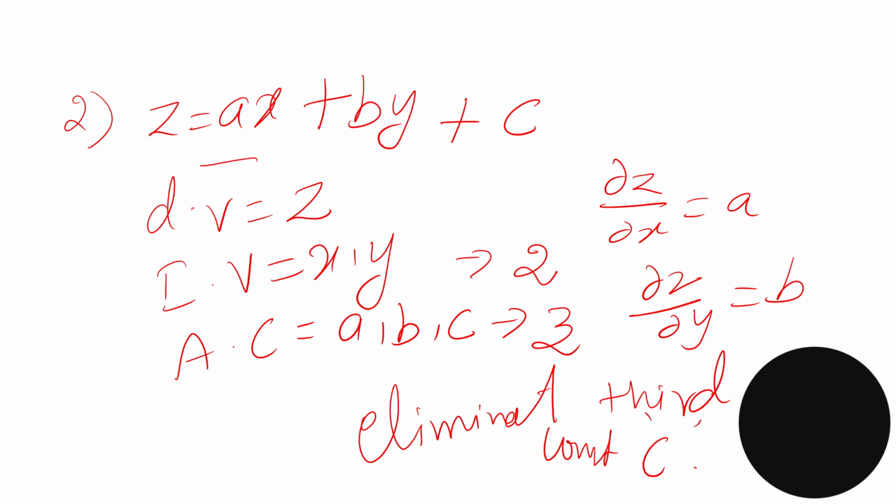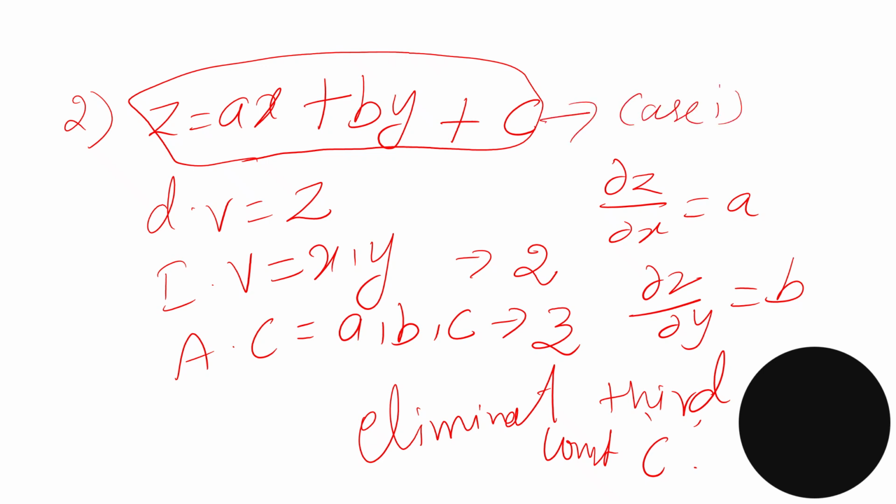So in this equation, using the Case 1 method, we cannot form the PDE. Therefore, we have to move to the next case. The important point is that for every independent variable, we can obtain one independent partial derivative.